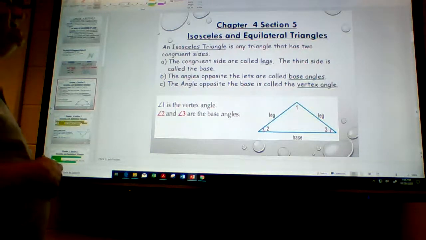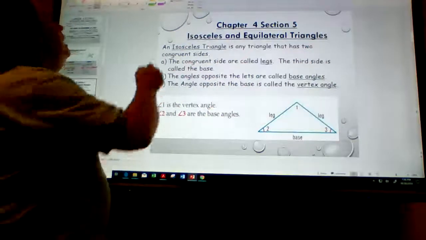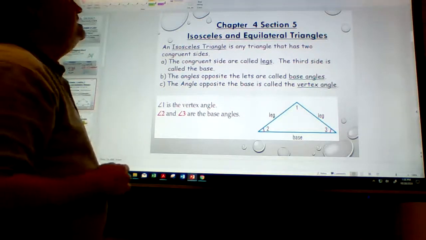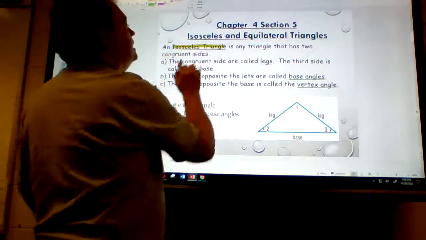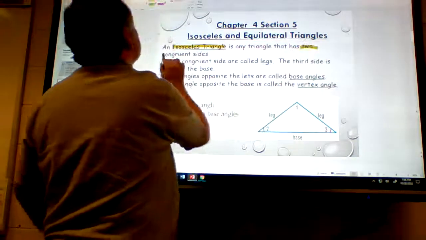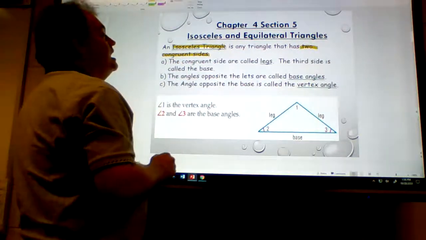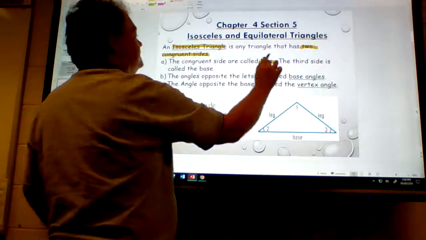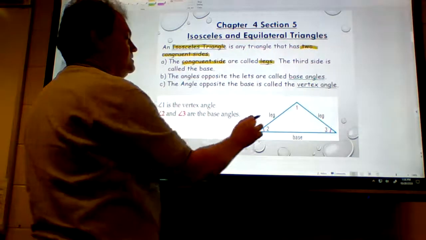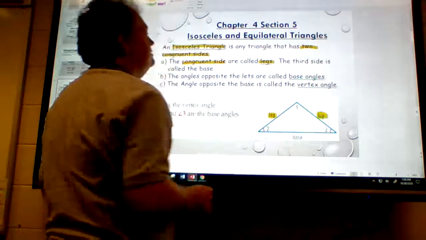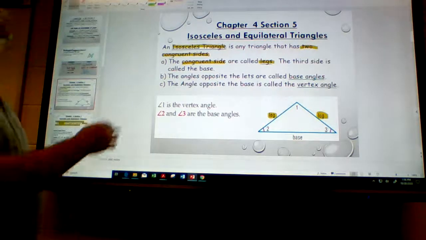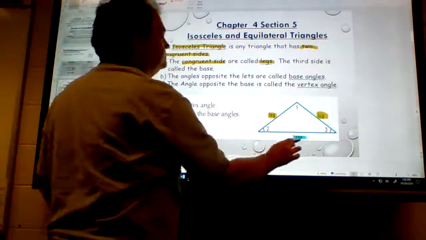Now, section 5, isosceles and equilateral triangles. First of all, an isosceles triangle is any triangle that has two sides congruent. The congruent sides are called the legs. So you have the legs right here, the two congruent sides. The third side is called the base.